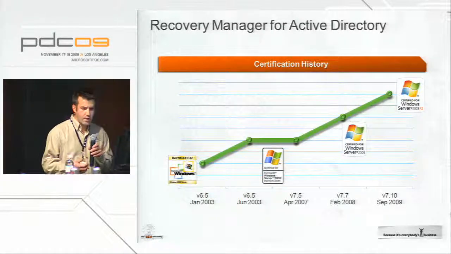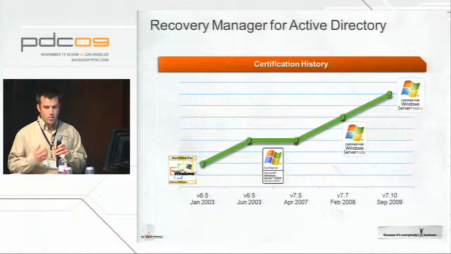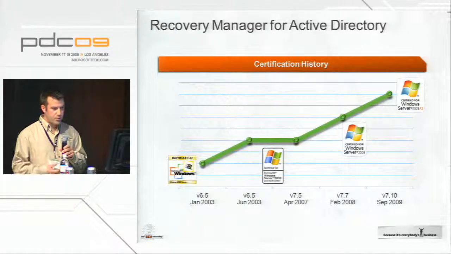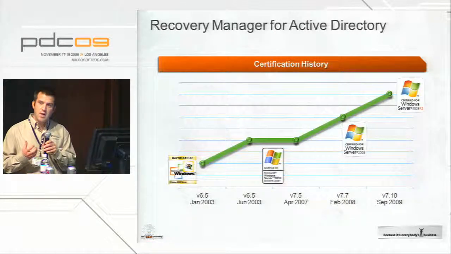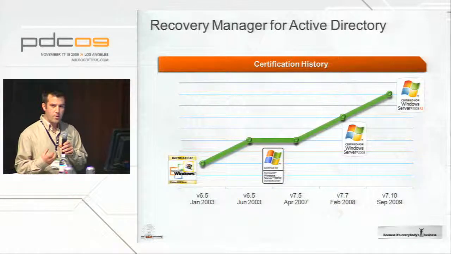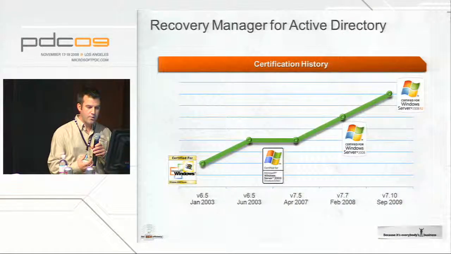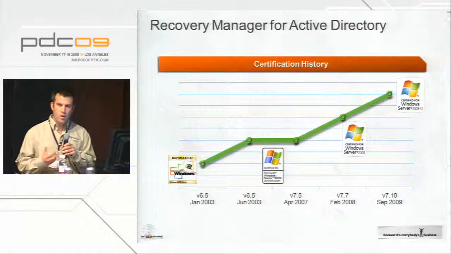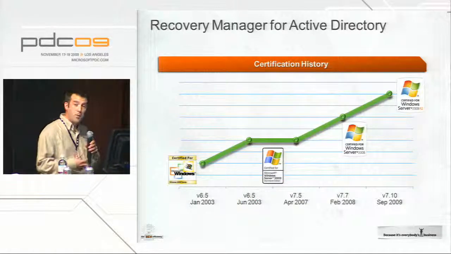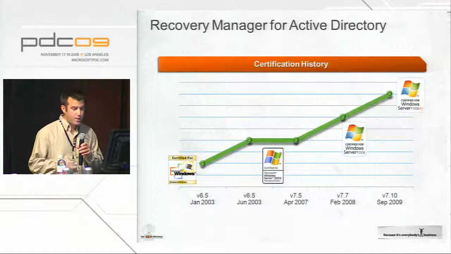It runs against domain controllers, and we've got somewhere in the neighborhood of 3,500 to 4,000 customers that have this application installed, and having the certified logo is certainly important and makes them much more confident when they're installing it in their environment that it's been through a series of standard tests.